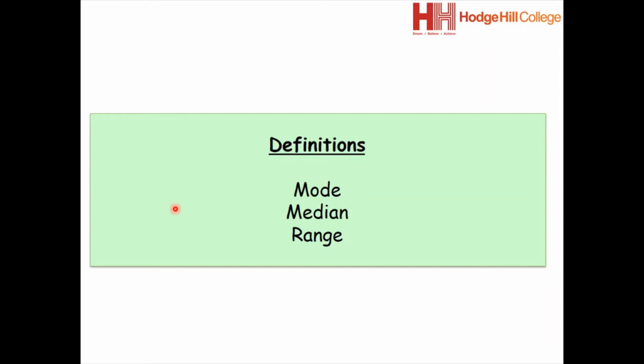Now, thinking about this in a context is sometimes helpful. So for instance, if I'm thinking about test scores for a class, I might look at a class of my students and say, right, the most common mark in this class out of 30 was 22. So that's the mode. The modal mark was 22. So lots of people got 22 marks.